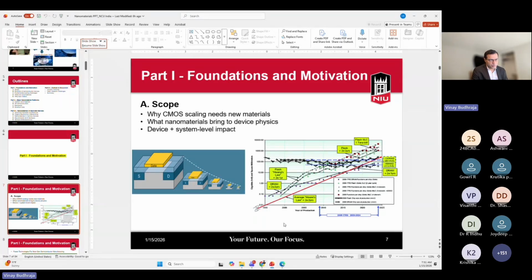And with the evolution of the years, CMOS scaling, which is being used in flash and DRAM, doubles with the years. In the graph of 2010 to 2025, the flash is like 2x per year up to 1 terabyte, and the DRAM has also doubled in 3 years.